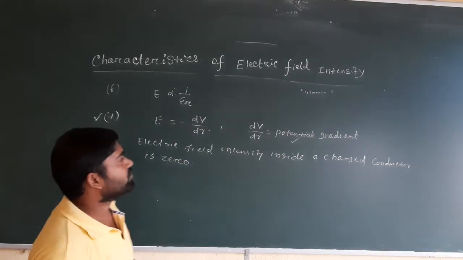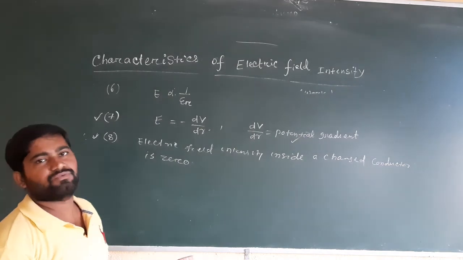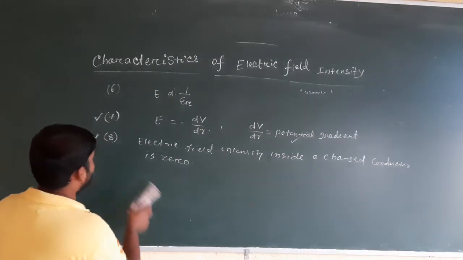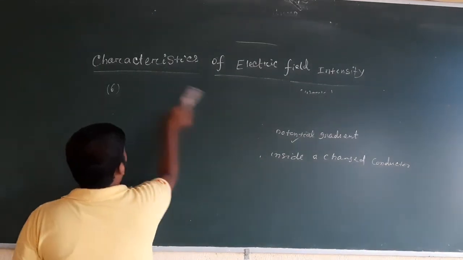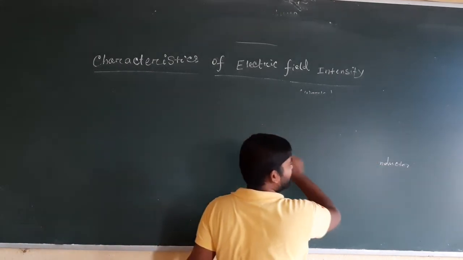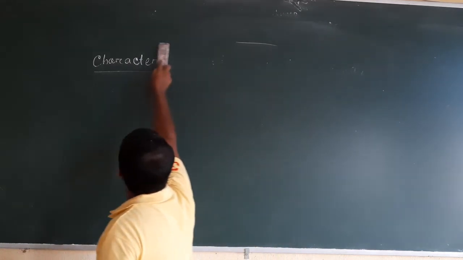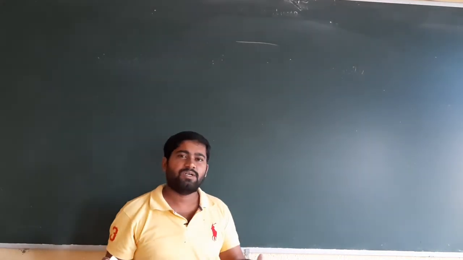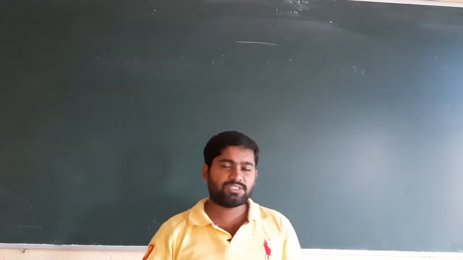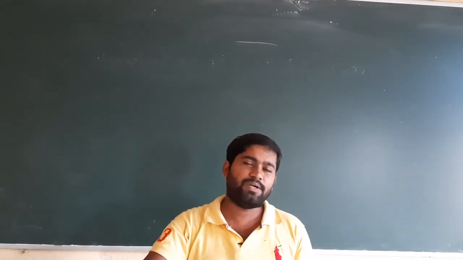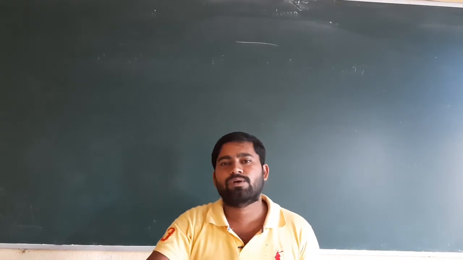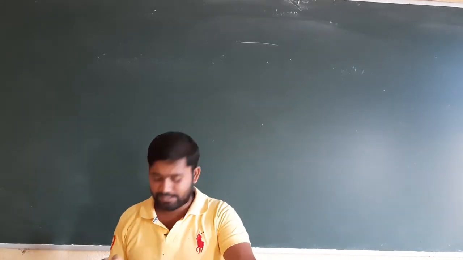All the characteristics of the electric field intensity are very important. Now let us take the measurement of strength of electric field intensity due to a point charge, in terms of a position vector, due to a group of point charges, and due to continuous distribution of charges.